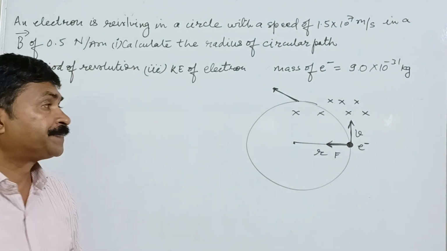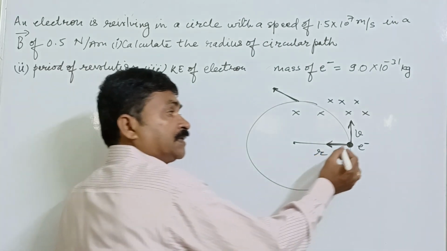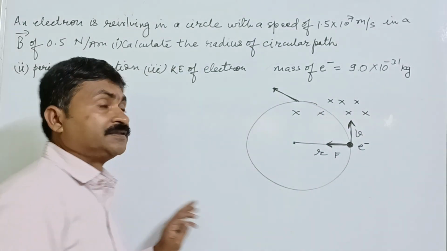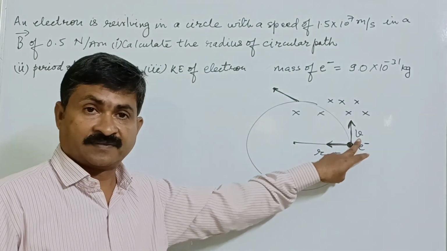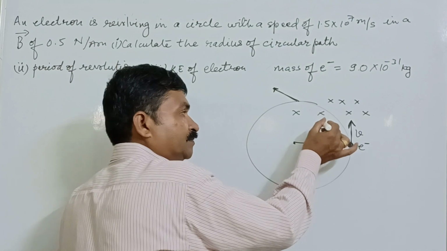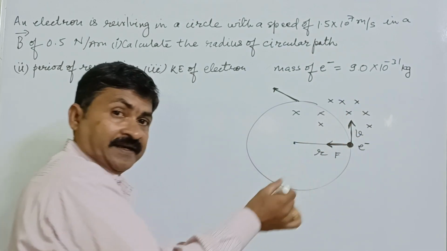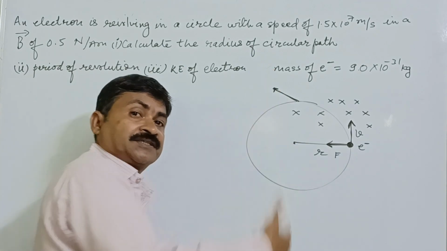Now, here we see that the electron, if it is moving in a circular path with a speed v, and if we assume there will be the magnetic field which is acting inside this plane, means it is acting in this direction.